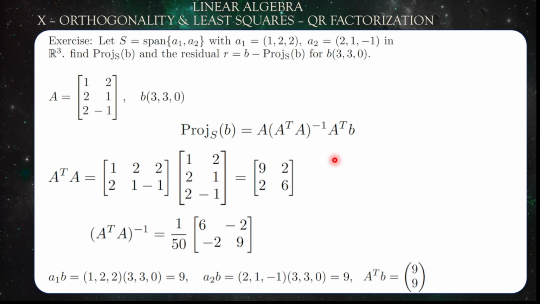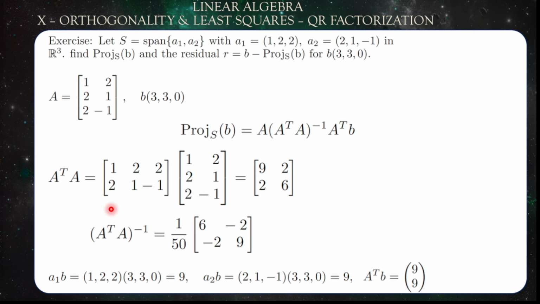Then A transpose B: A1 times B is 1, 2, 2 times 3, 3, 0, which equals 9. A2 times B is 2, 1, -1 times 3, 3, 0.